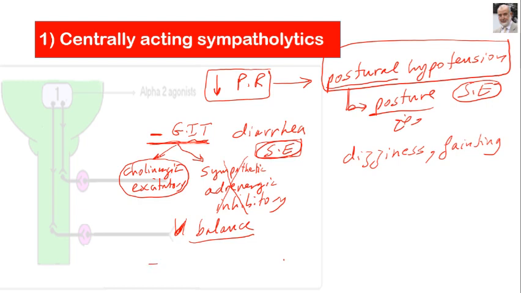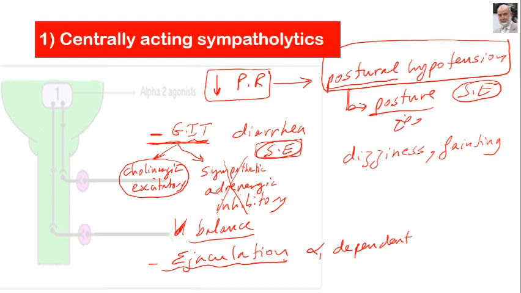Second, the effect on ejaculation in males. Ejaculation in males is alpha-1 dependent. It depends on alpha-1 sympathetic activity.